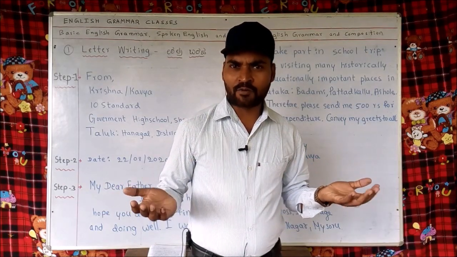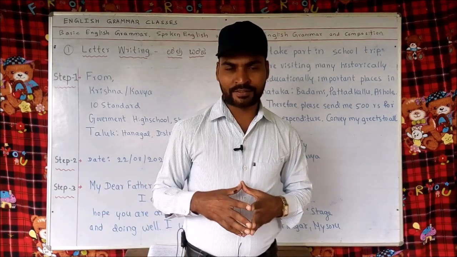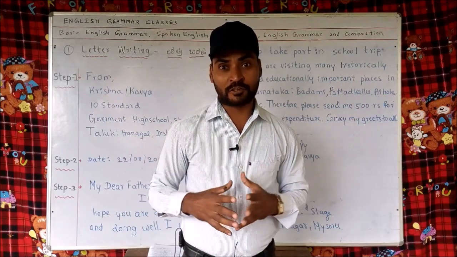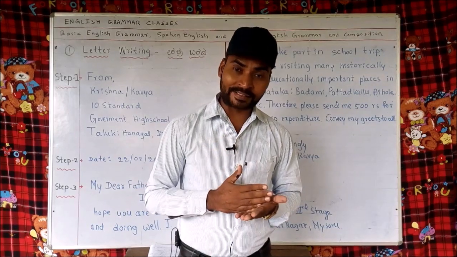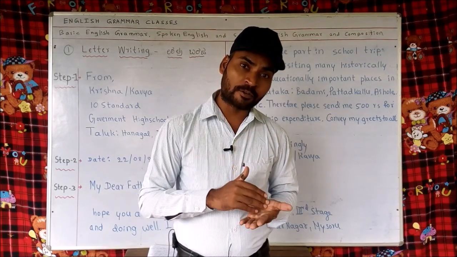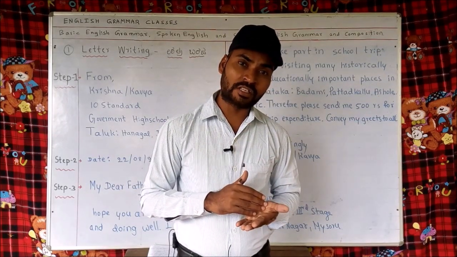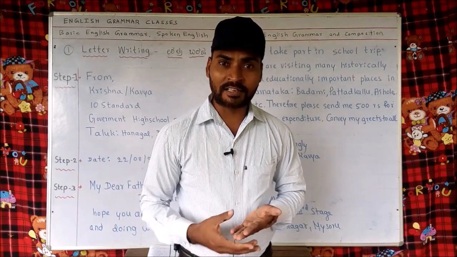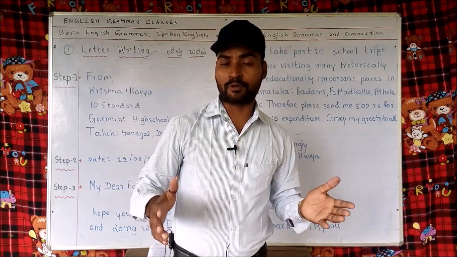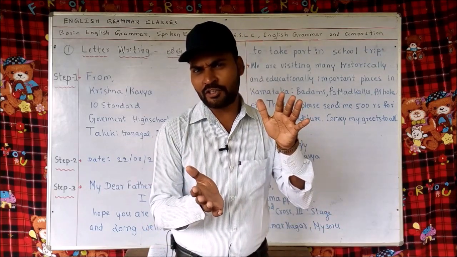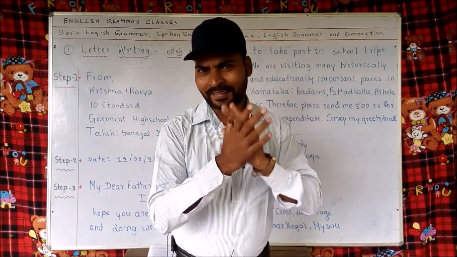Our teachers have told us how important the trip is, how it expands our knowledge, and how we will learn better whatever we have learned in the textbooks, and we should extend that learning into our real life, and it is educationally and historically important. A brief explanation of the body of the letter should be there.